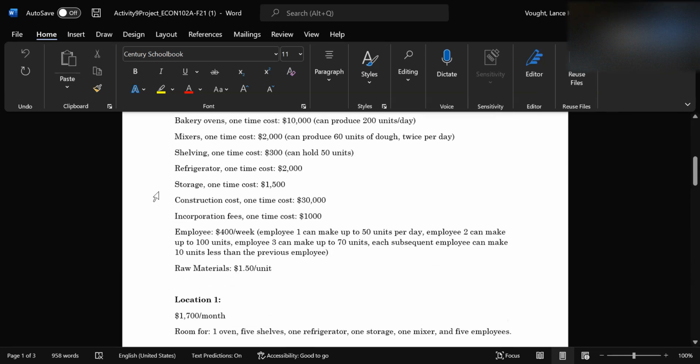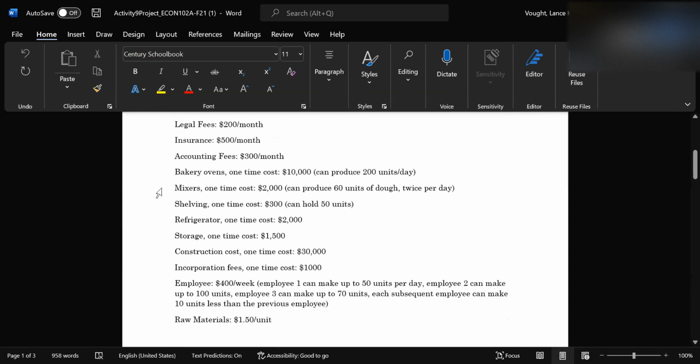Question: Is the employee salary a fixed cost, or is that a variable cost? It's a variable cost based on how many workers you hire. It should be consistent, but technically it's a variable cost, because if you decide, oh, I can't afford to operate, then you wouldn't hire anybody.